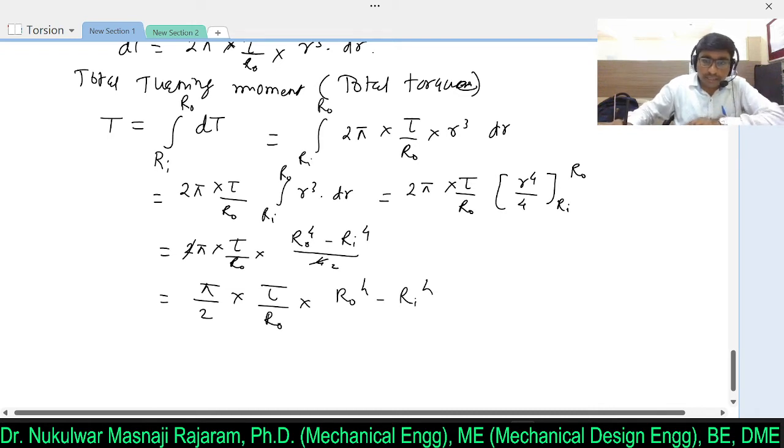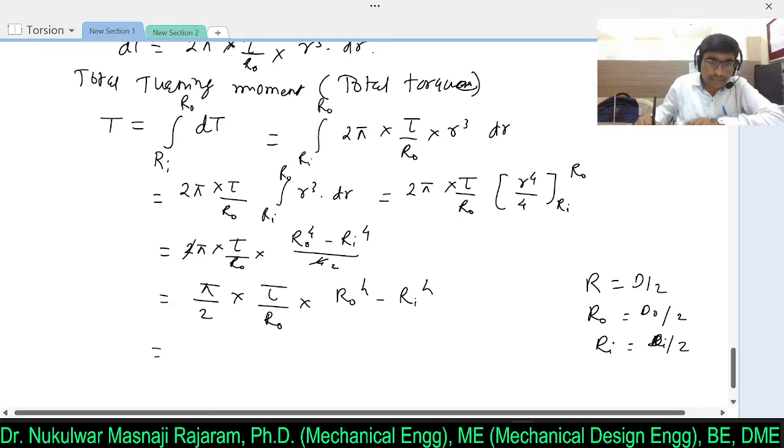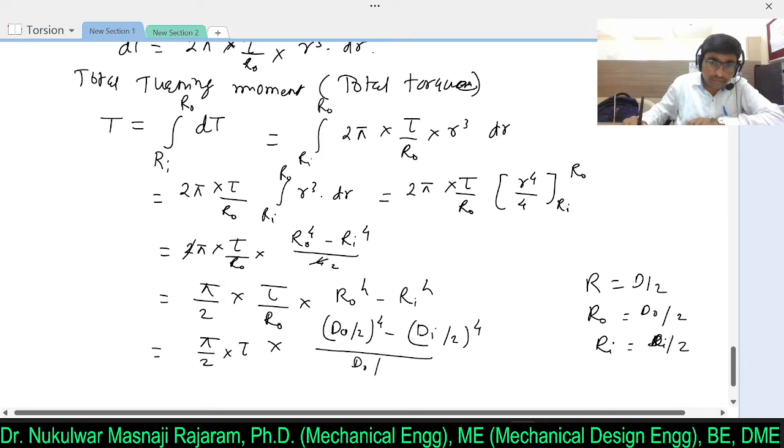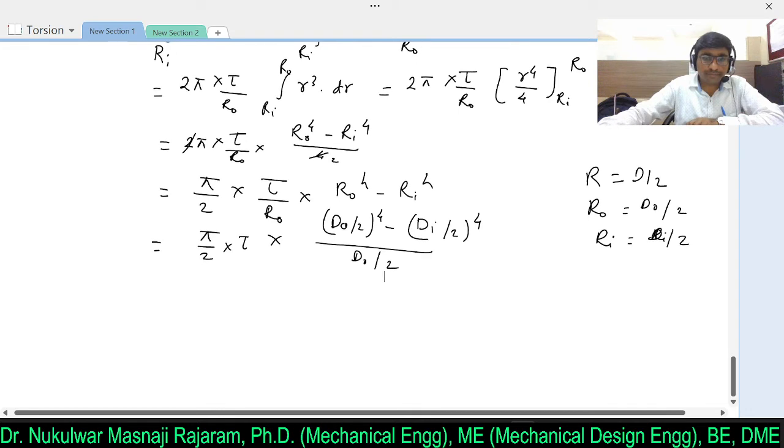Now here I can rewrite R equal to d by 2, Ro equal to do divided by 2, and Ri equal to di divided by 2. Then I will get the equation pi by 2 into tau into, instead of Ro I will write do divided by 2 raised to 4 minus di divided by 2 raised to 4. So instead of this Ro I will write do divided by 2. Clear?